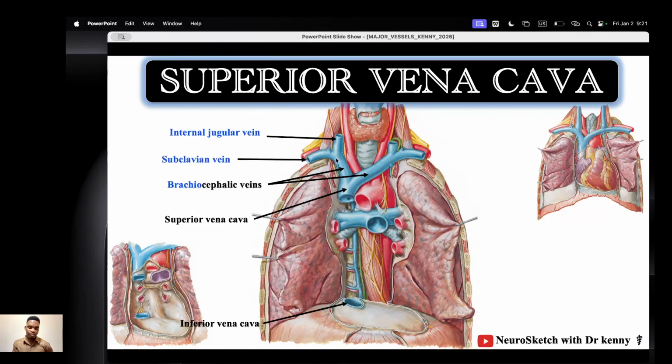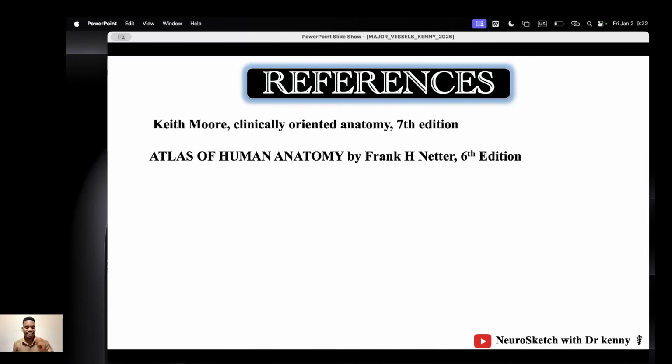On the other side, the internal jugular vein and subclavian vein will combine to form another vein, which is the brachiocephalic vein on the other side. Besides the internal jugular vein, we also have the external jugular vein, which drains into the subclavian vein. We will discuss it next time when we study the structures of the head and neck.